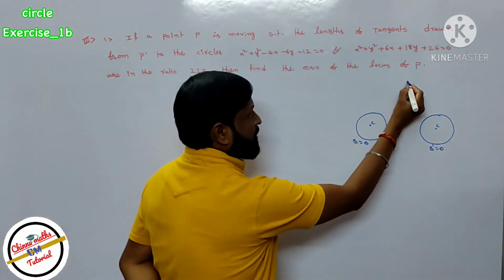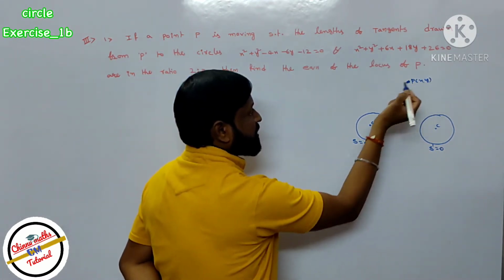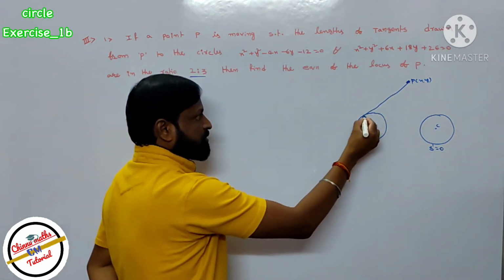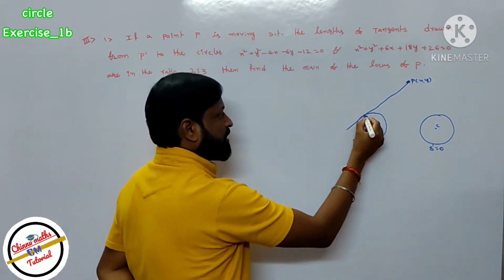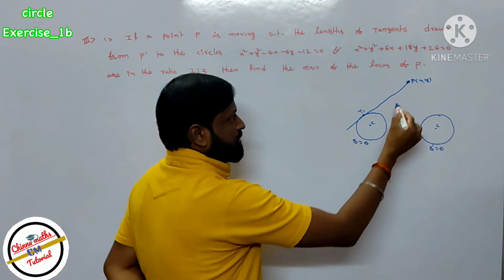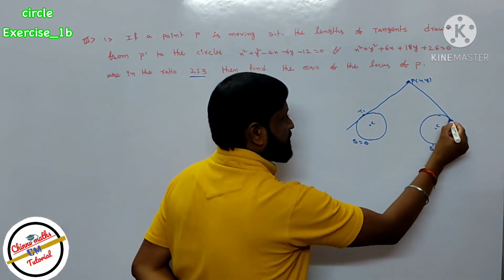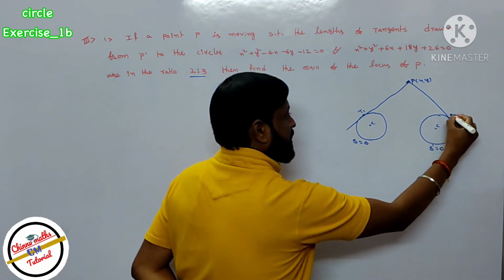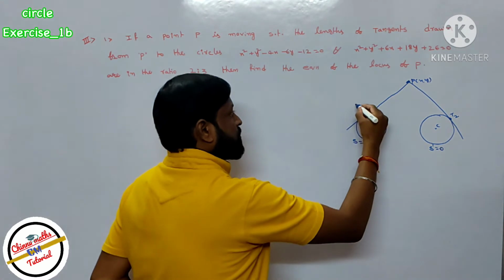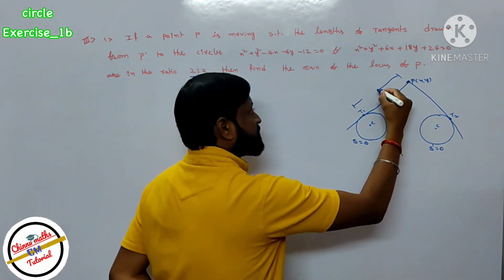If you take the point P(x, y), with respect to the point P, you can draw the tangent line to the first circle. It meets at the point T1. Similarly, if you draw the tangent line to the second circle, the tangent line meets the circle at the point T2. So PT1 is the length of the tangent with respect to the first circle.